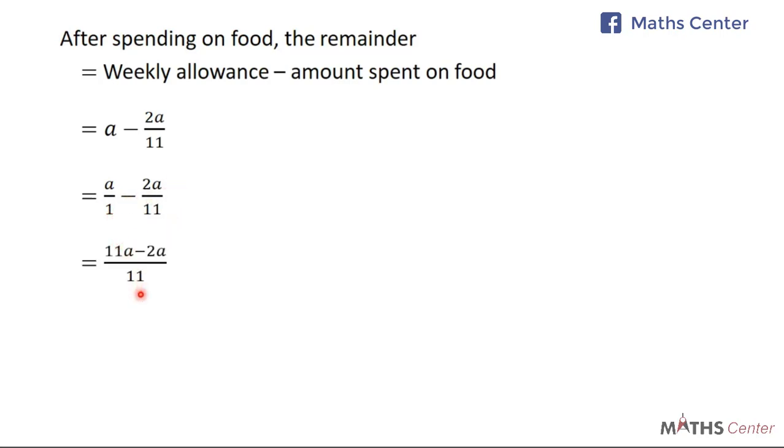The LCM is 11, so 11 divided by 1 is 11 times A gives 11A, and 11 divided by 11 is 1 times 2A gives 2A. So we have 11A minus 2A, which from algebra is 9A/11. So after spending on food, this is the amount that Kweku has on him.